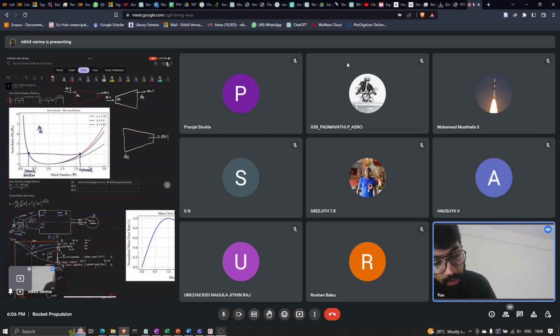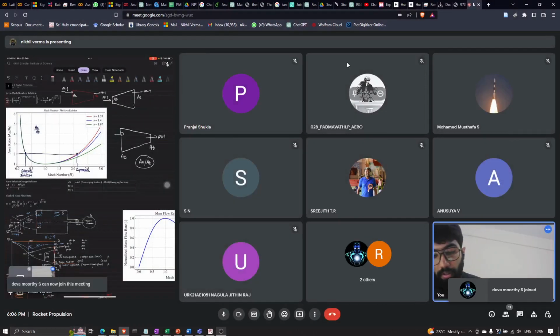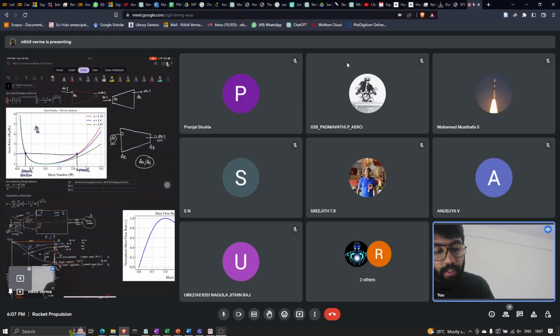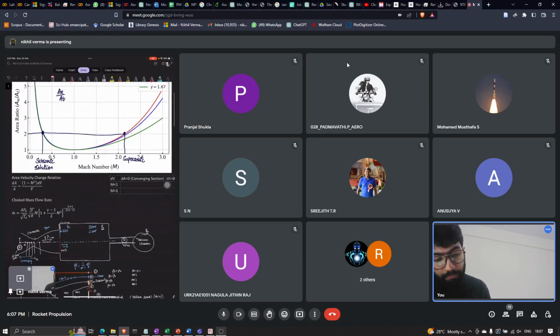This is AE, this is AT, and if AE by AT is given, then depending on the direction of the flow, you can have different Mach numbers. With this relation, you can calculate the Mach number at this point, given the throat is choked.